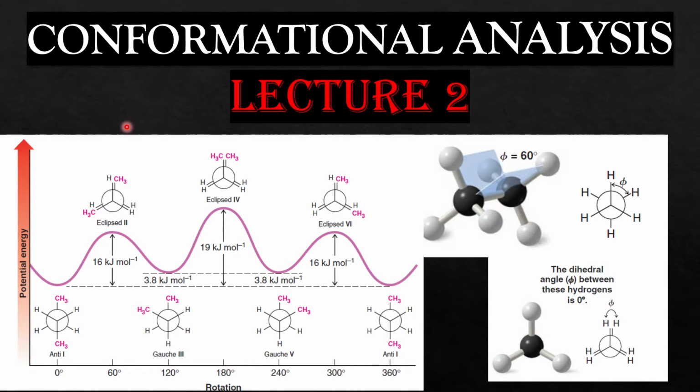In my first lecture, I gave you a very brief introduction about how to draw the Newman projection formula for different compounds. Now in the second lecture, I will talk about how to do the conformational analysis of different types of compounds like ethane, butane, etc. So let's start the video.